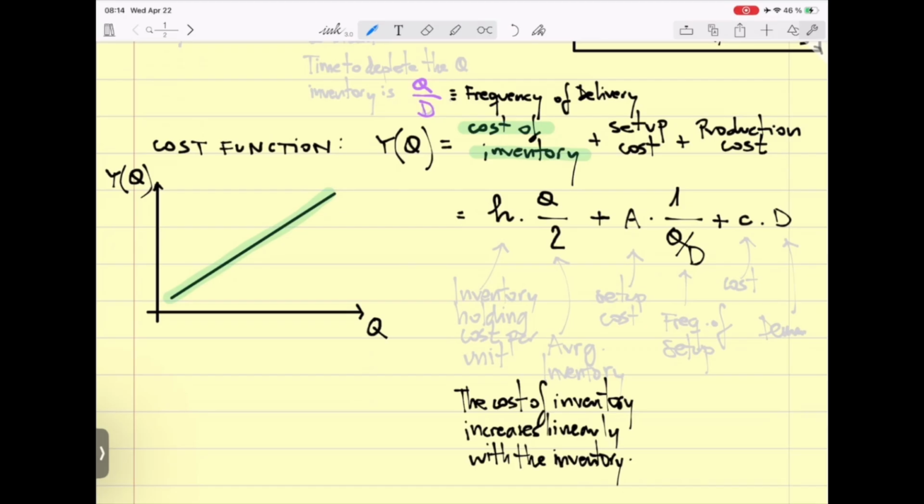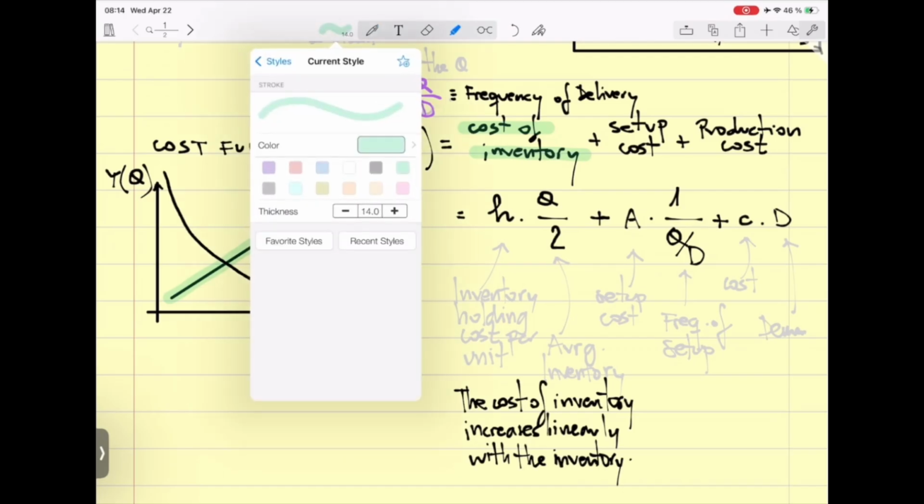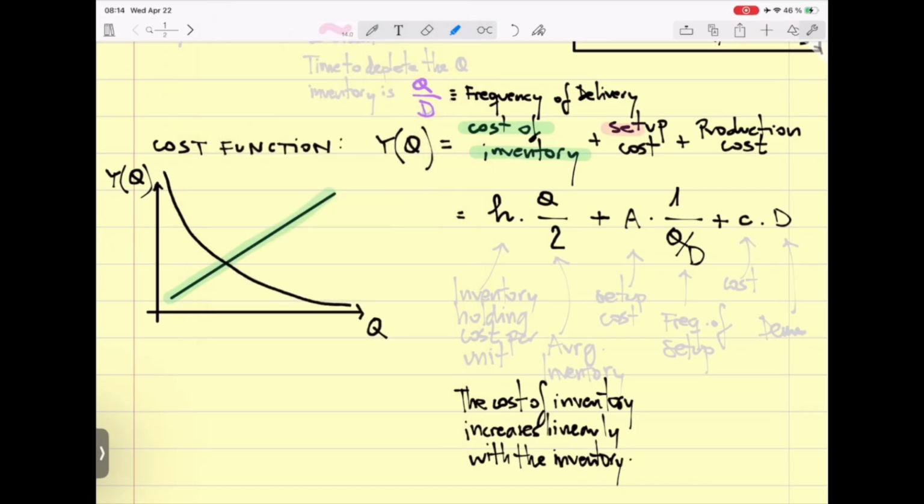Good. The second, the setup cost, is going to be some line like 1 divided by Q. It's going to have this form.